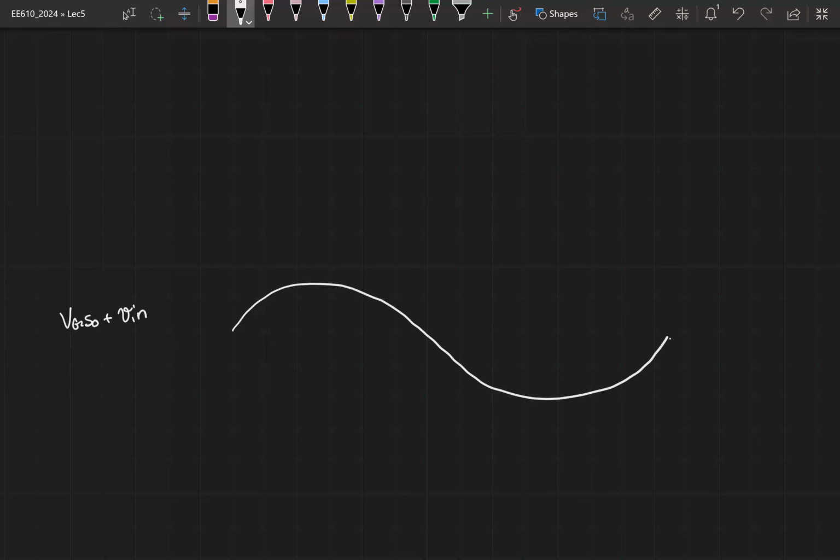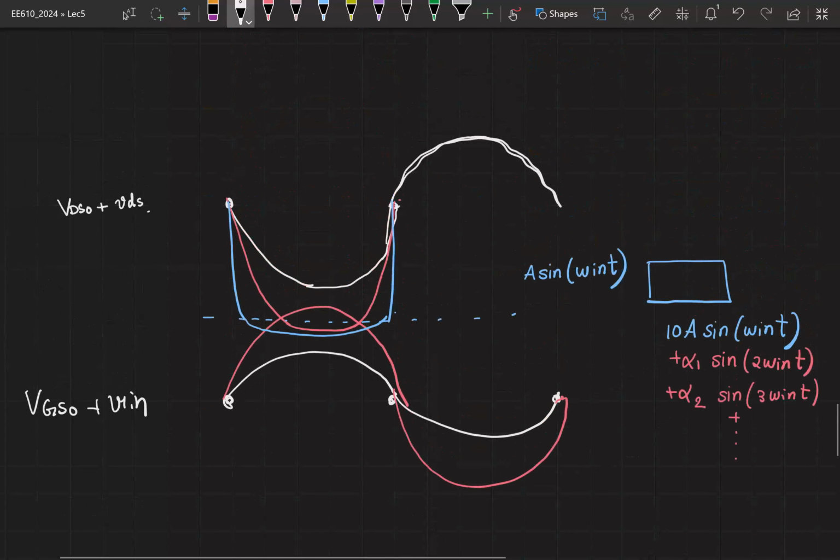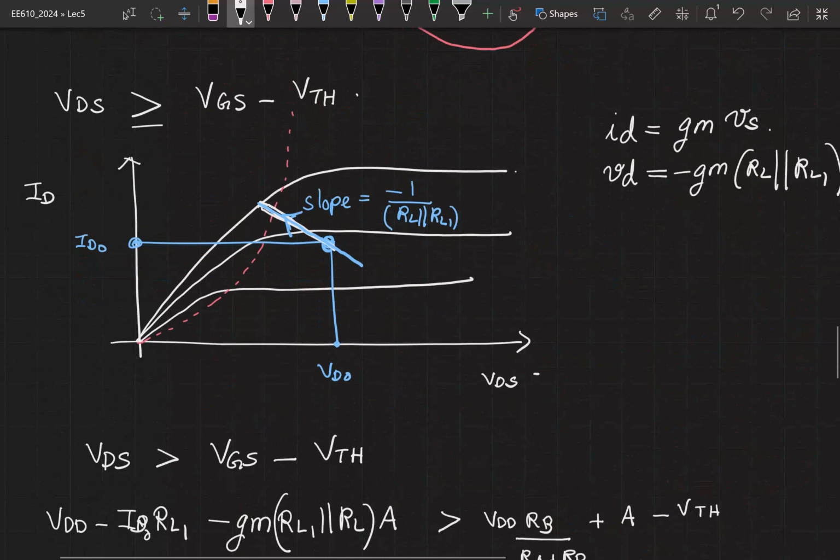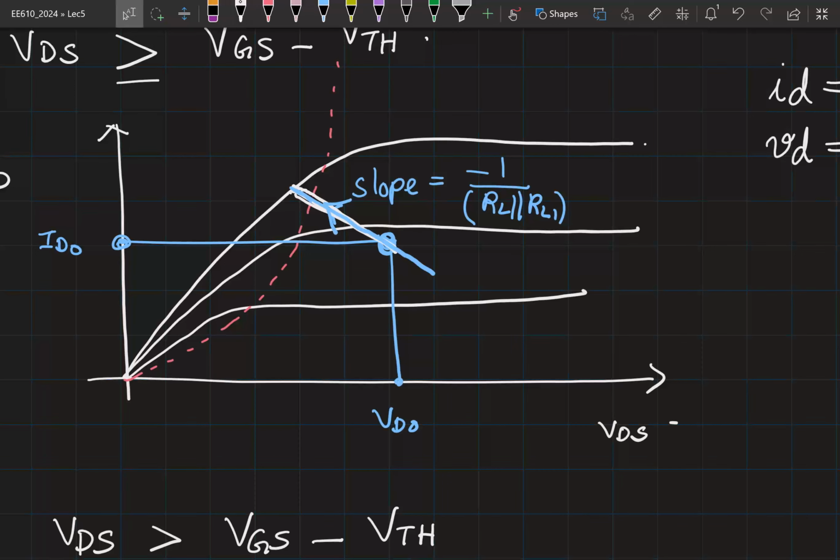During the negative cycle of the input, are you moving closer to triode region or deep into saturation region? If I take this curve, my gate voltage is reducing, right? Which means I have to move down.